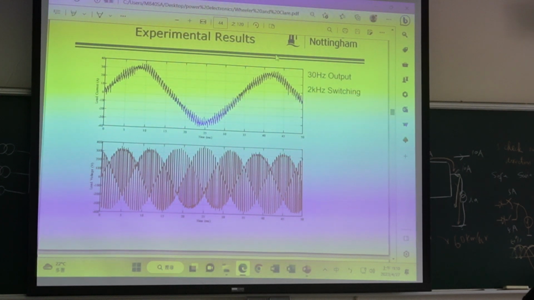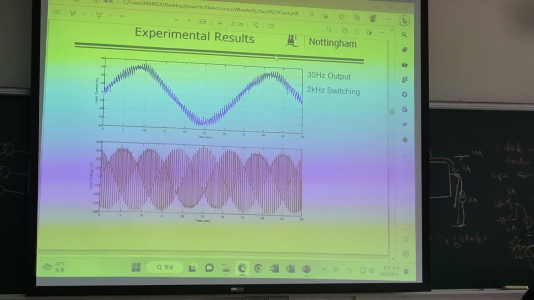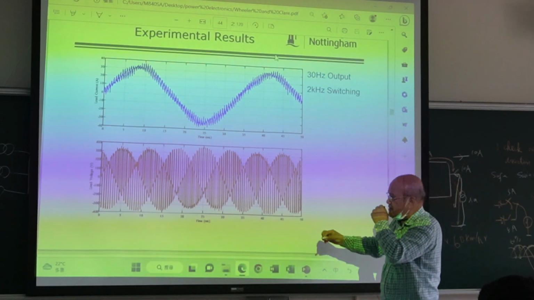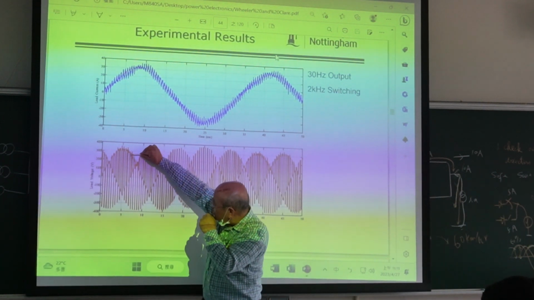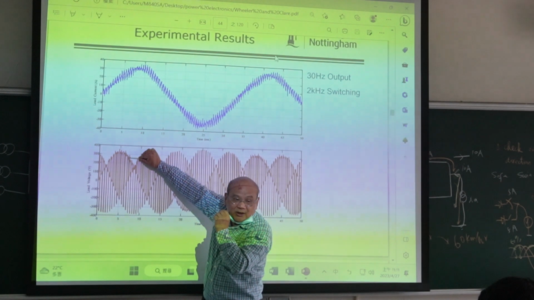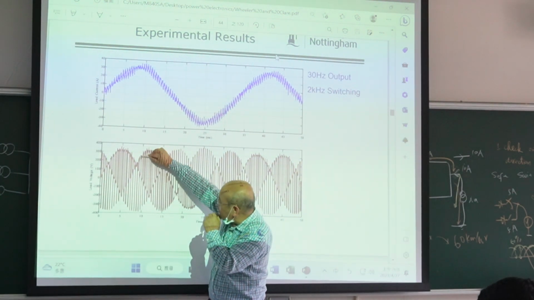Then I can reduce the peak, but I can enhance the side. Then we can move to 86.6%. What does this mean? We mean we increase voltage here, but we reduce voltage here.